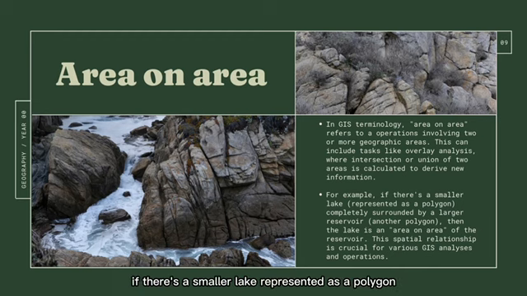For example, if there's a smaller lake represented as a polygon, completely surrounded by a larger reservoir that is represented as another polygon, then the lake is an area on area of the reservoir. This spatial relationship is crucial for various GIS analyses and operations.